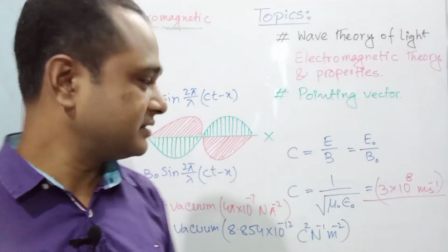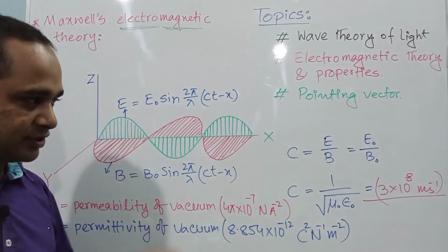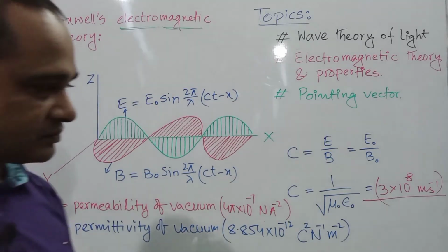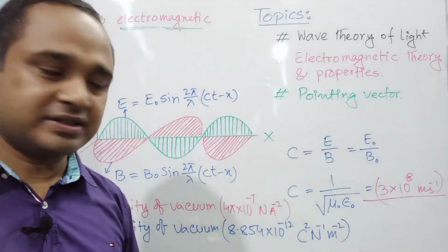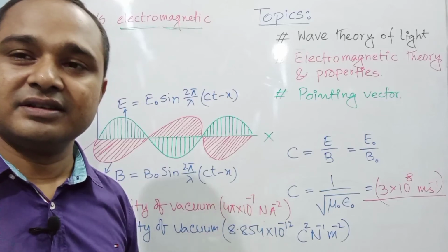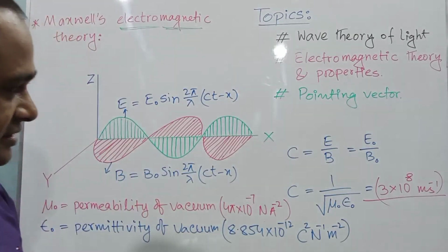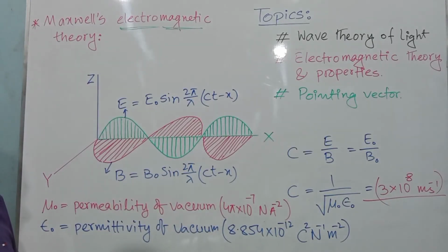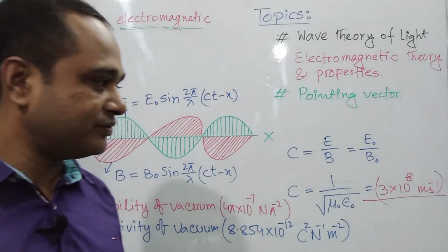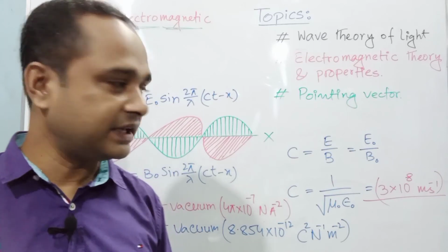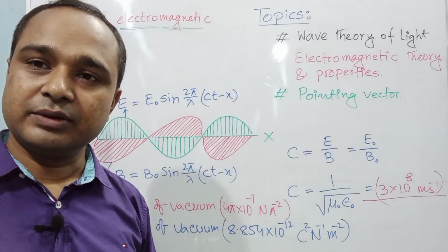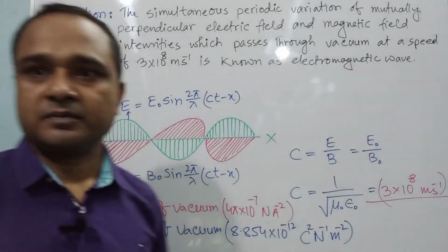So from this conclusion, Maxwell said that light is nothing but an electromagnetic wave. So we can say that electromagnetic waves travel with the speed of 3 into 10 to the power 8 meter per second, or with the speed of light, right?